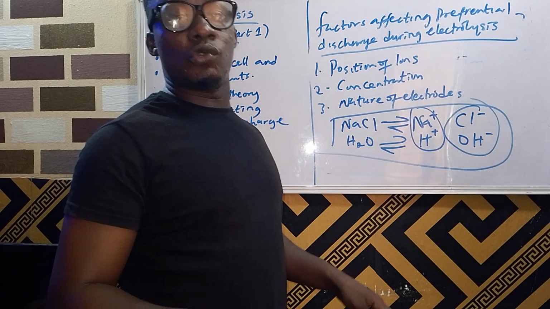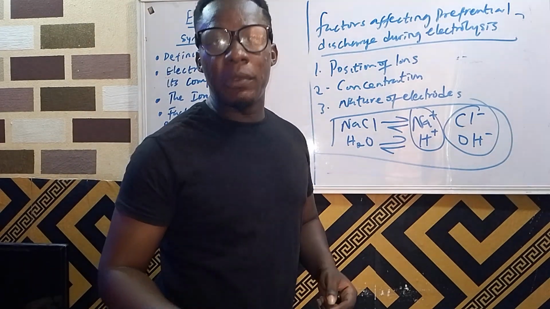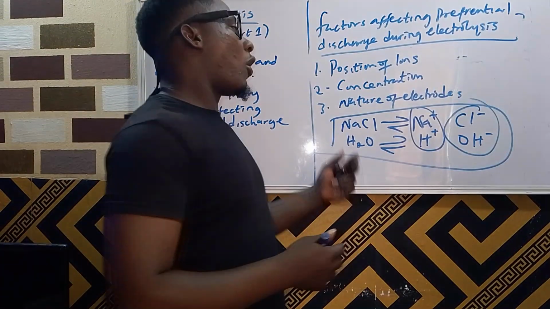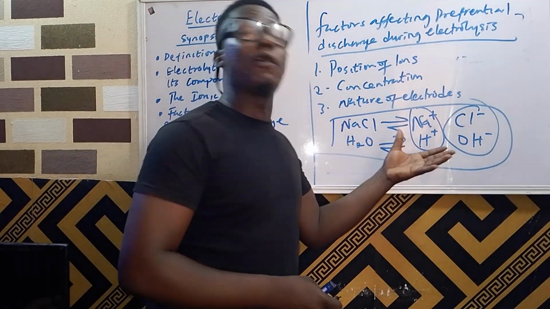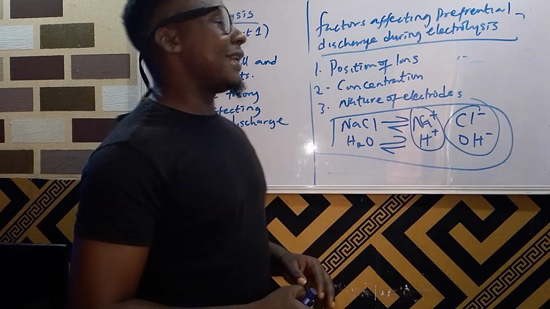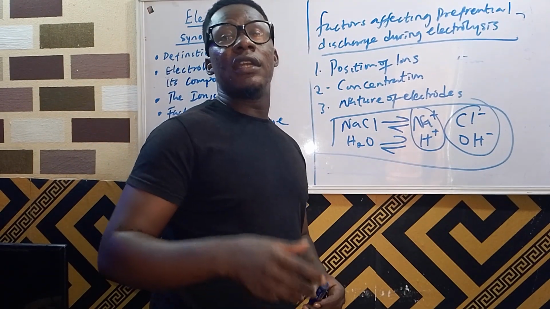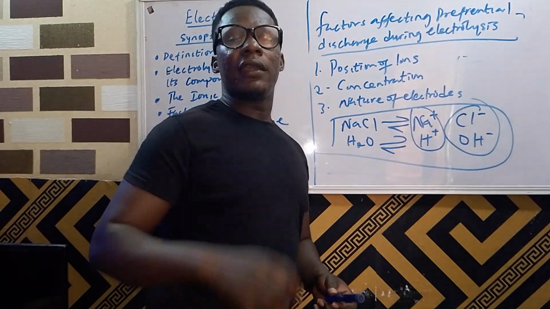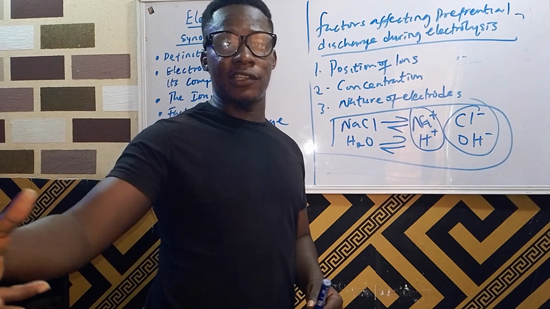So in that solution, there must be preferential discharge. One will have to be discharged, while the other ones will have to be left. So how do we know what the factors are that govern which one we are going to pick? Number 1 is the position of that ion. For the 2 competing ions, the position matters. The ion that is lower in the activity series is preferentially discharged.